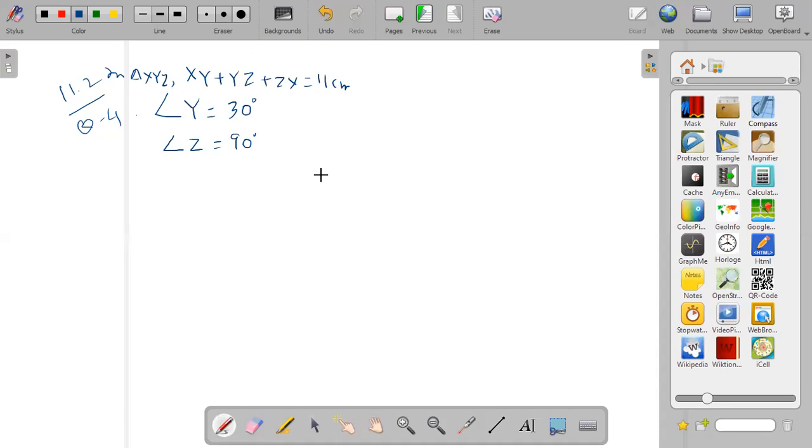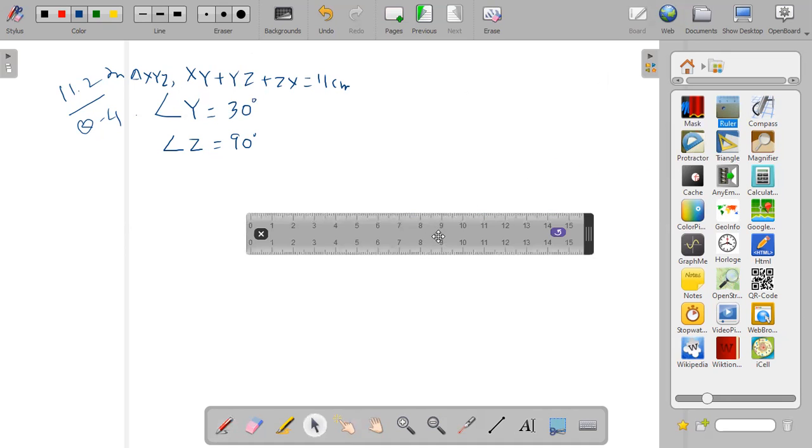Okay. So this is quite different from others. We have seen the three types of construction. This is the fourth type of construction where perimeter and the two base angles are given. So here, what will you do? First, you have to draw 11 centimeters.